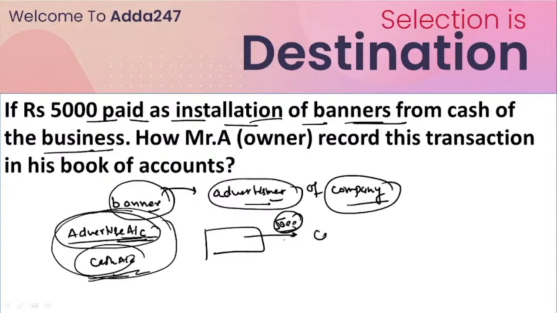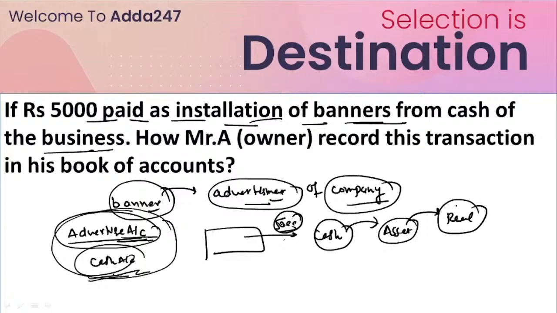One more thing to understand: cash is just your asset, and an asset comes under the real account category. And for the real account category, the golden rule of accounting says debit what comes in and credit what goes out, isn't it? Okay, I hope it is clear.